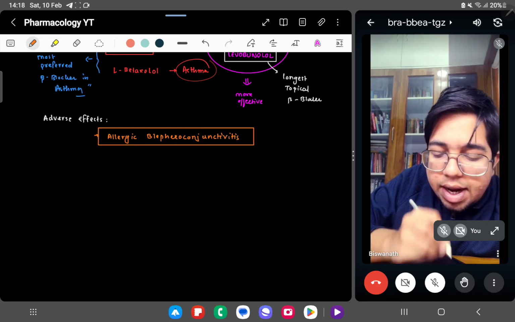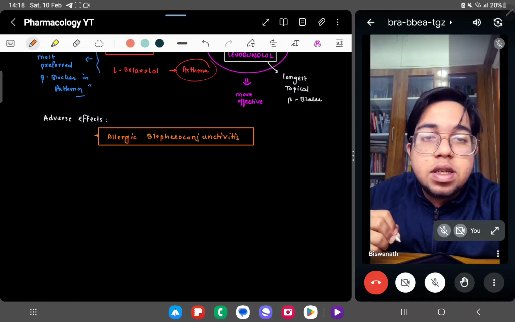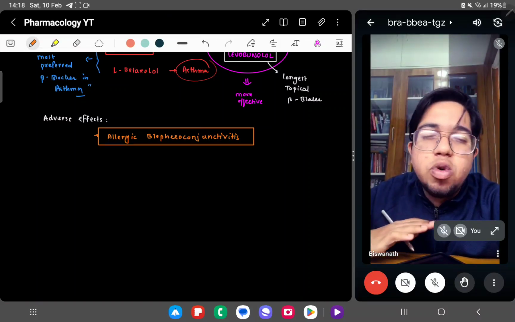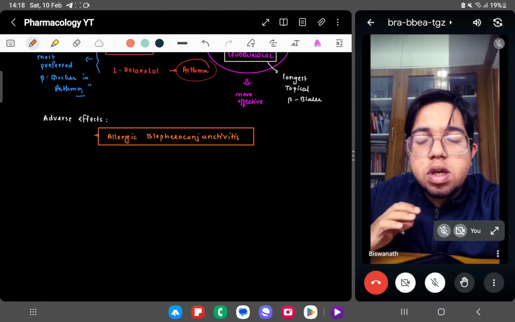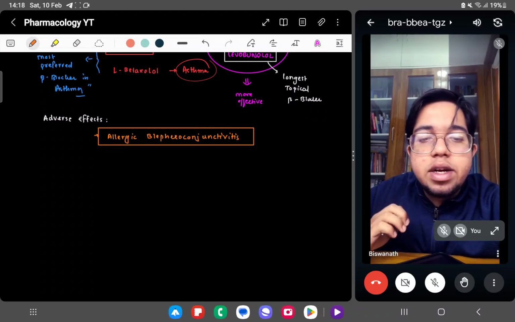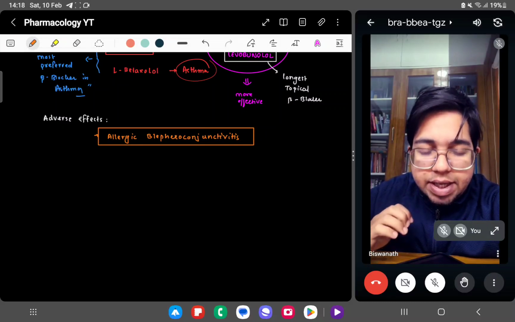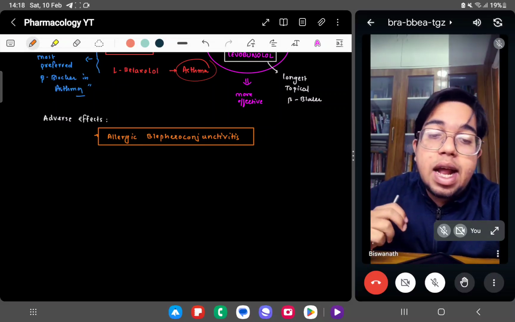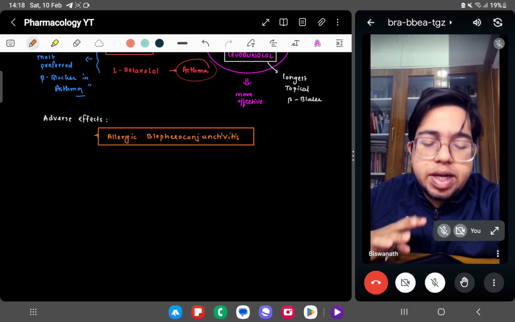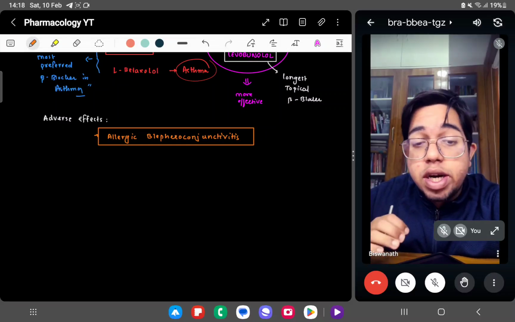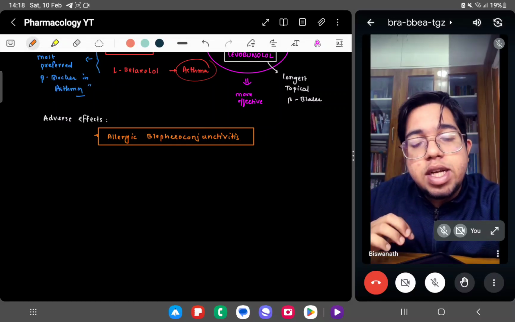This allergic blepharoconjunctivitis is seen in almost every anti-glaucoma drug, and you will read that it is most commonly seen in apraclonidine. In timolol, yes, it's present, but in apraclonidine, it's a very dangerous thing.